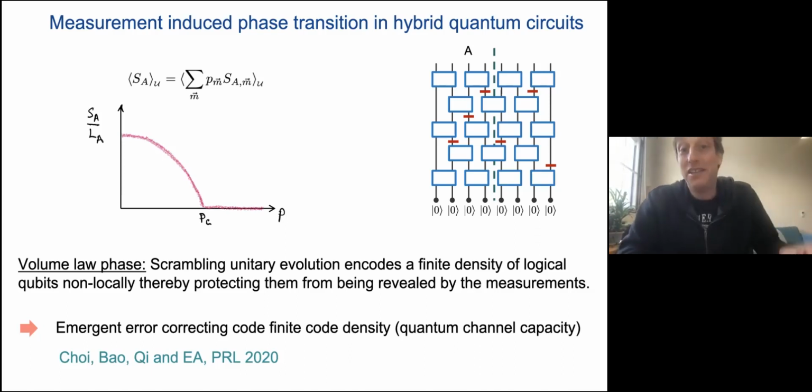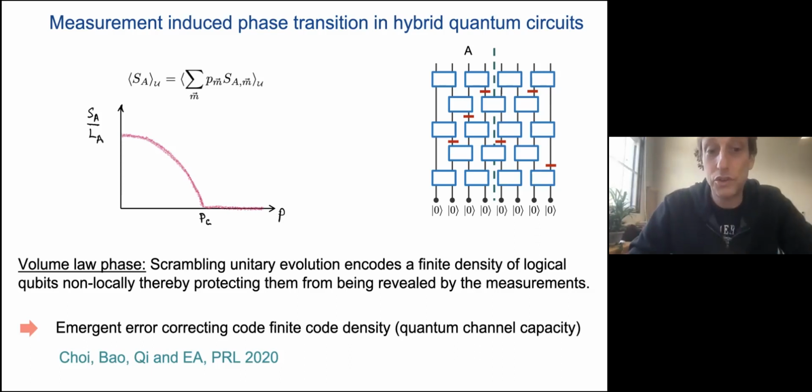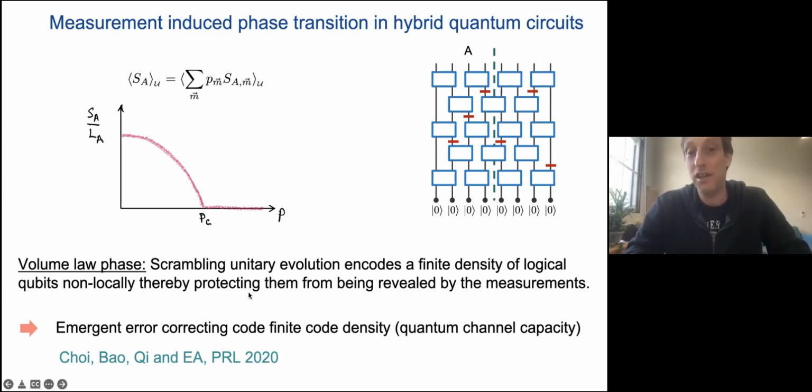So the fallacy is that measurements are not required to change the entanglement entropy by order n, and in fact, if you scramble the information sufficiently, they can have absolutely no effect on the entanglement between the two subsystems. They disentangle that particular qubit, but this has essentially zero effect on the entanglement between A and B. So the main point is that the scrambling of information hides information and protects it from being revealed by measurement.